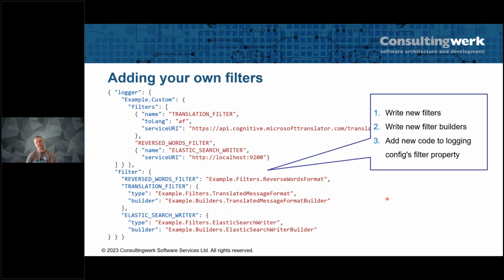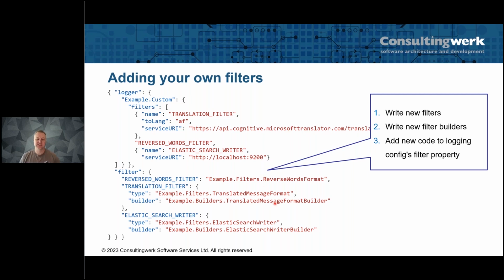A builder is the piece of code that knows how to construct that translated message format filter based on configuration, based on something. Could be configuration passed in through this JSON blob. So it kind of knows to take that toLang and turn it into its internals. We'll have a look at that in a bit. Or the URI into something that is known to that filter. Some of them don't need them. Reverse words format, you can guess what that does, and that doesn't really need any config.